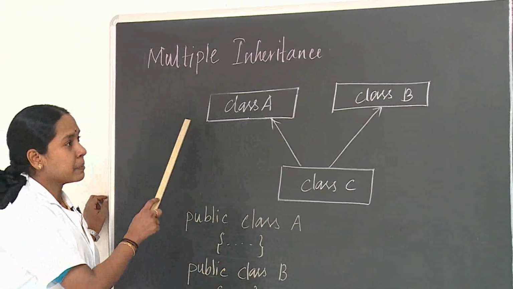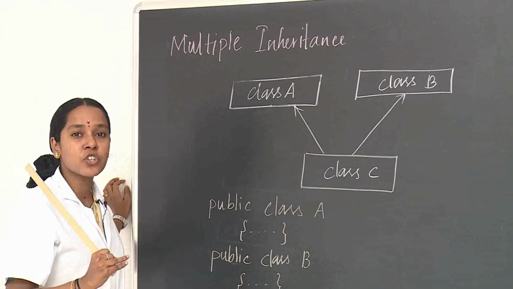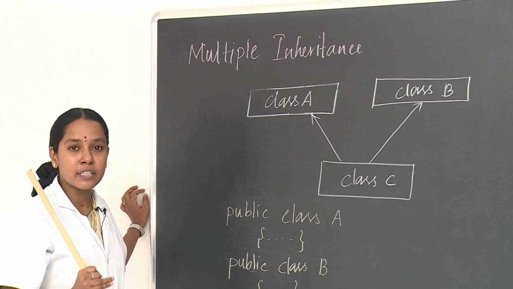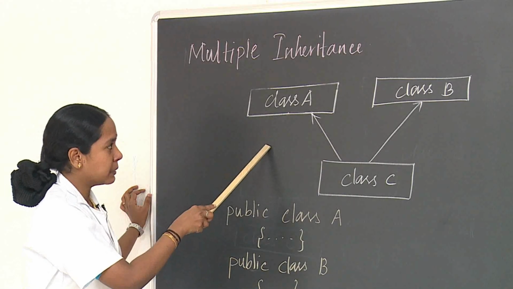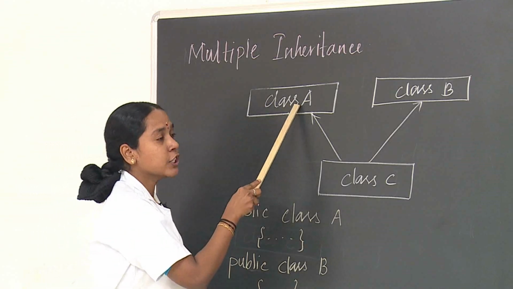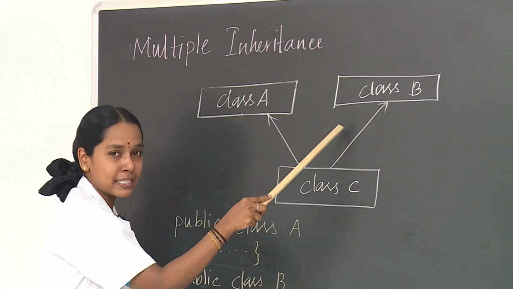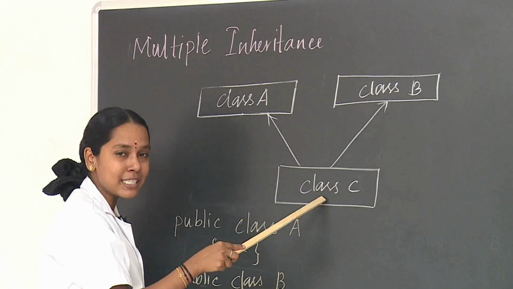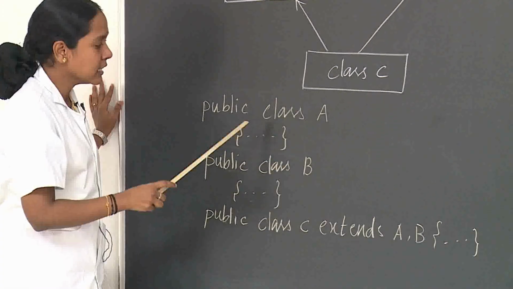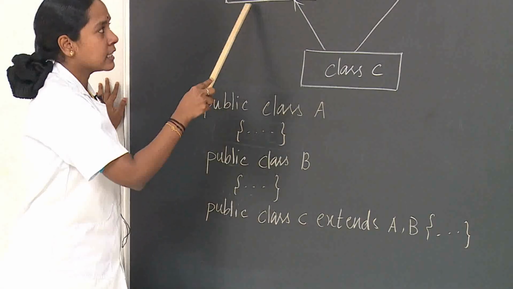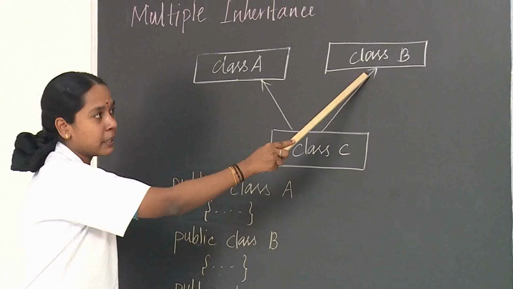Next one is multiple inheritance. I already told you that multiple inheritance and hierarchical are not supported in Java. For that purpose we go for interfaces. So what does multiple inheritance mean? I am using two base classes and deriving these two base classes' properties into one subclass. That is called multiple inheritance. Here the syntax: class A is the first base class, and the second one is class B, the second base class.